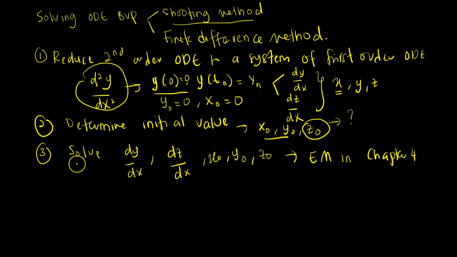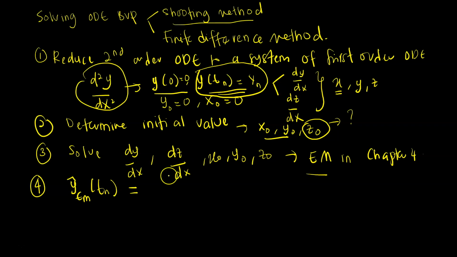And then when you solve this one, step number 4, you need to check the solution obtained at the last point. For example, we have here the boundary value, so this is the last point. You need to check the solution of y that we approximate based on this Euler method. For example, this is y Euler method at time tn. Is it equal to the boundary value given in the question?